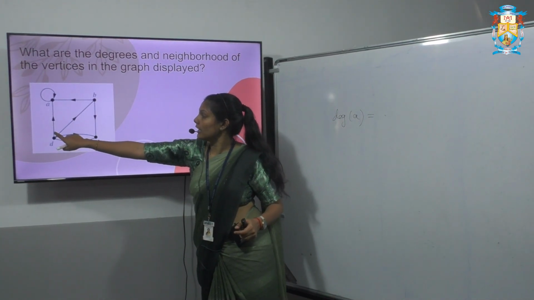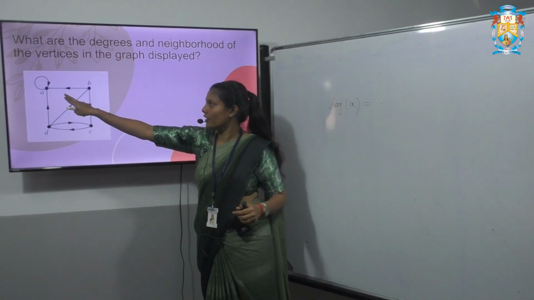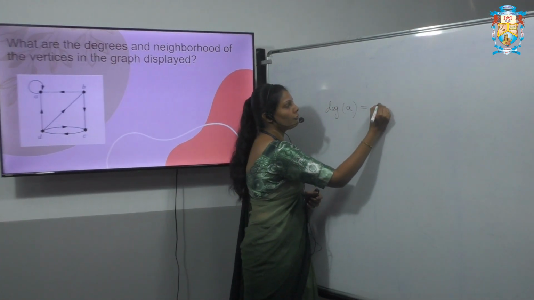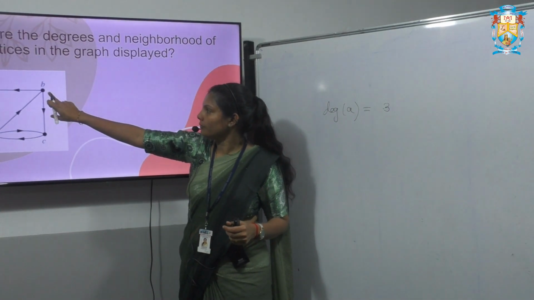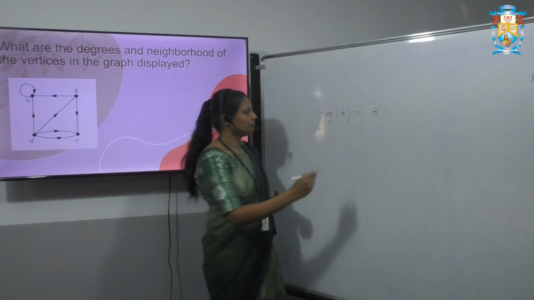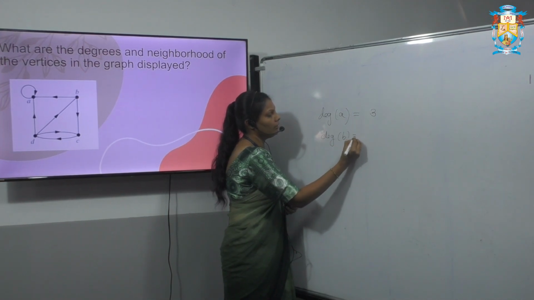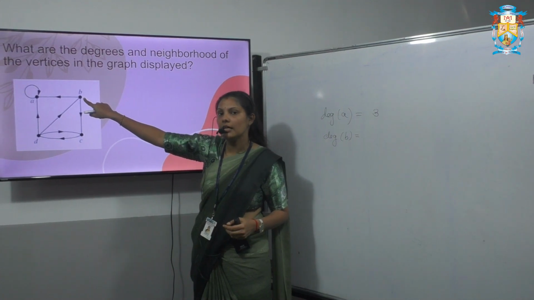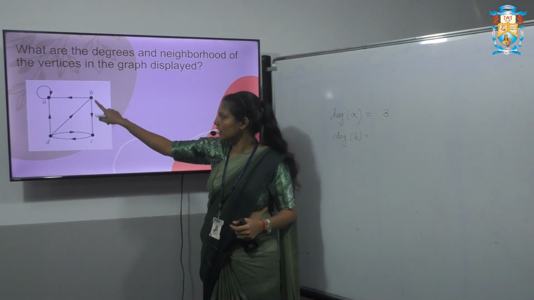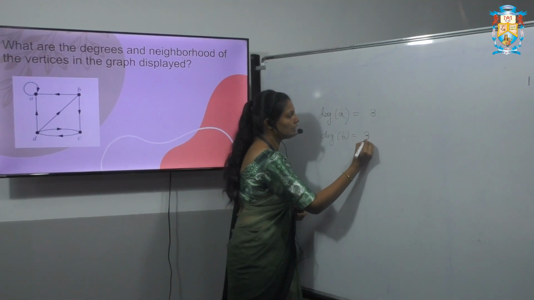That means there are a total of 3 edges connected to the vertex A. That means the degree of A is equal to 3. Similarly, we will go for the degree of B. We have to see how many edges are connected to the vertex B. There are 3 edges connected to B. That means the degree of B is 3.